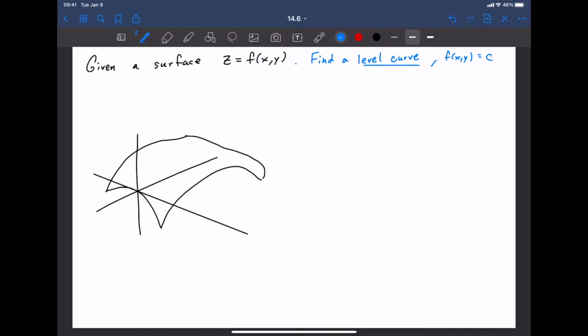So the level curve is picking out spots on this surface that all have the same height in the plane. So I'm just trying to imagine something slightly more interesting here. And that all has some specific height c.